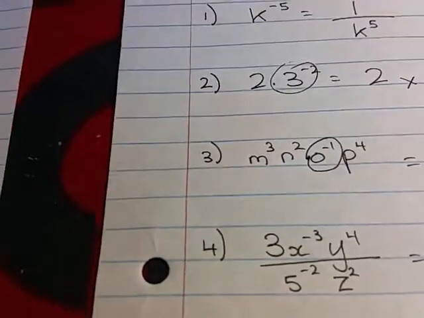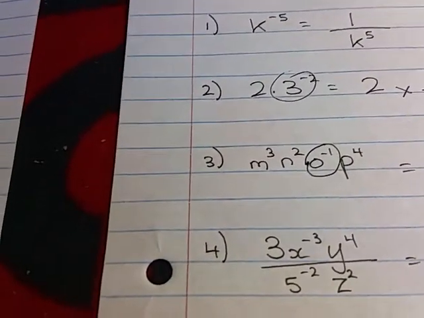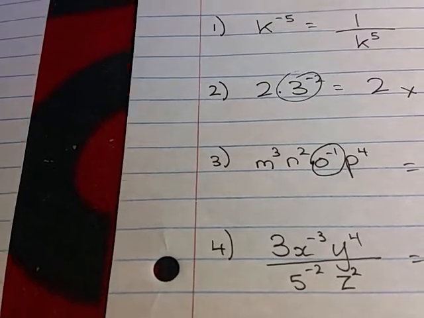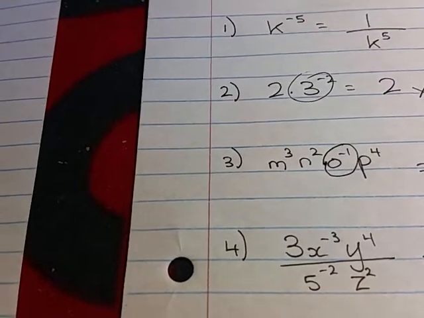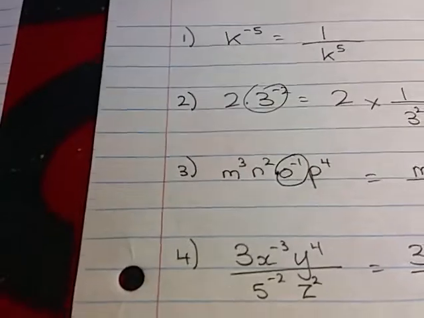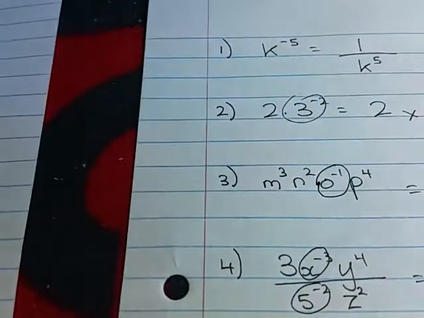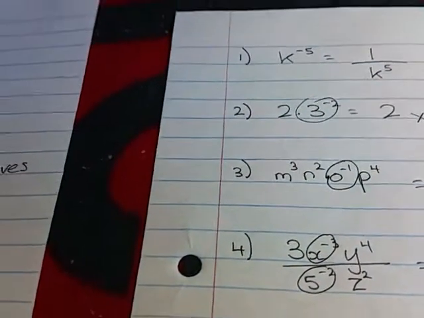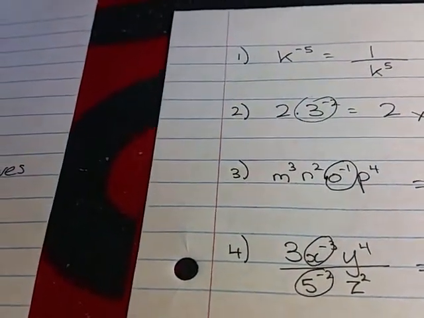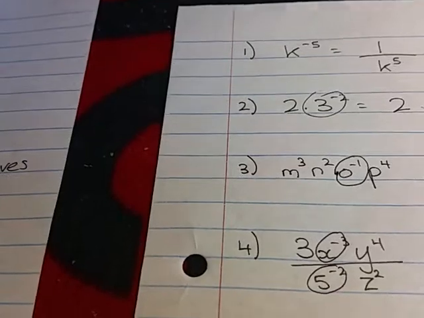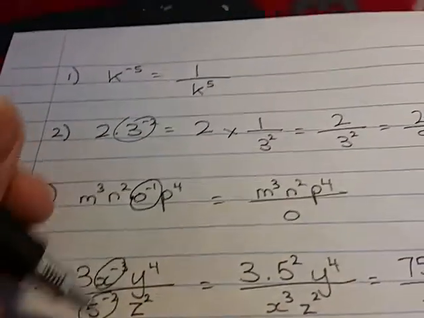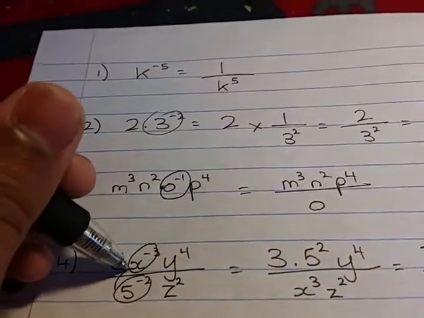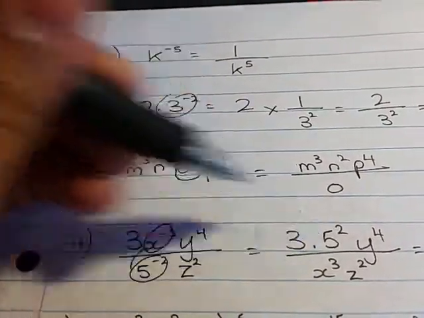The next one, we had 3 x to the negative 3, y to the 4, all over 5 to the negative 2, z to the 2. The x to the negative 3 and the 5 to the negative 2 are the only ones that move, because they are the only ones with negative exponents. So the 5 to the negative 2 comes up and turns into a 5 to the positive 2.